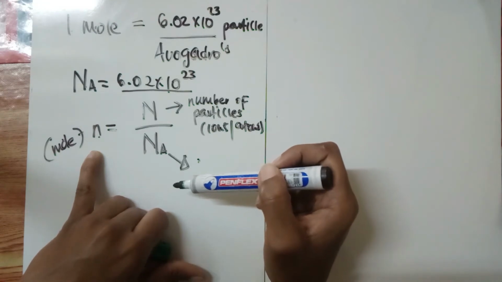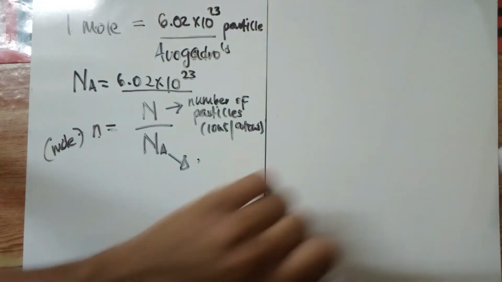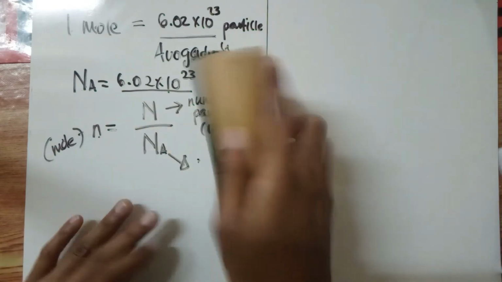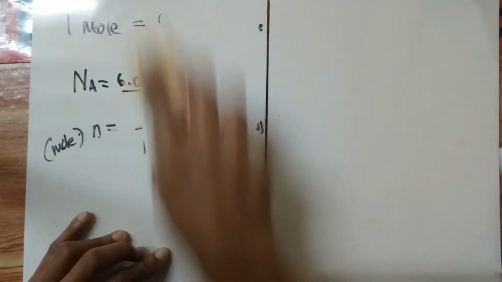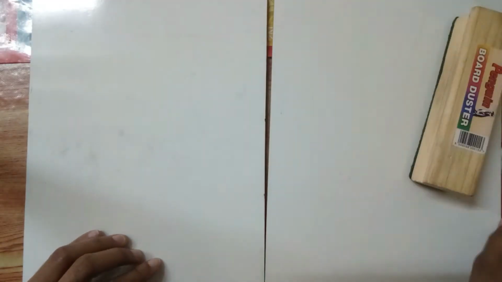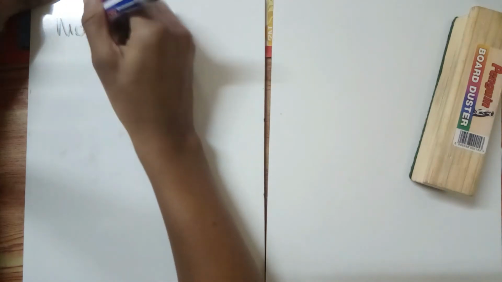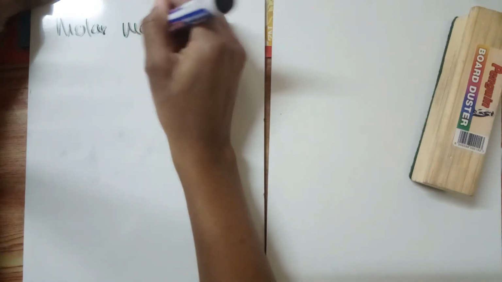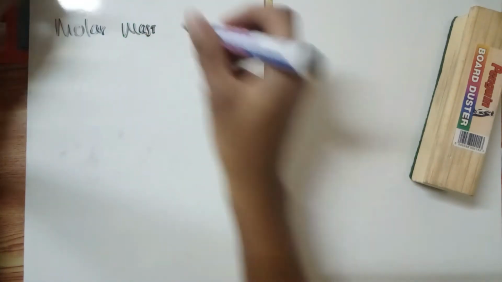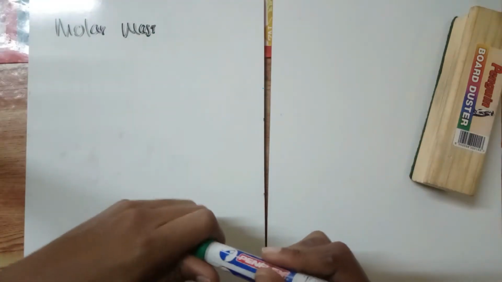or Avogadro's number, right? Cool. The second thing that you ought to know at your level, or at least the second equation that you need to be able to use, is when we talk about molar mass. You should be able to calculate the molar mass of compounds or molecules or whatever you name it.